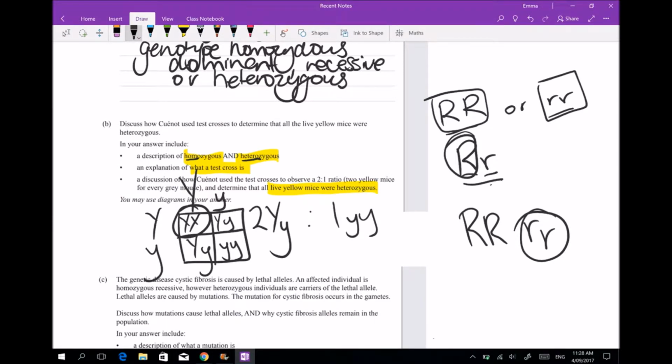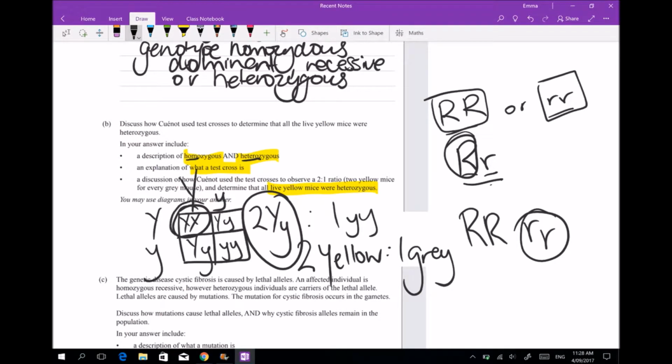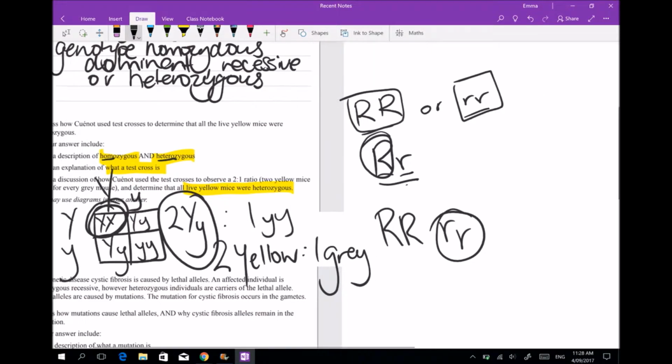And our phenotype ratio would have been 2 yellow, 1 grey. A way to prove that it is this individual that is living and not big Y big Y individual. Let's do some test crosses.